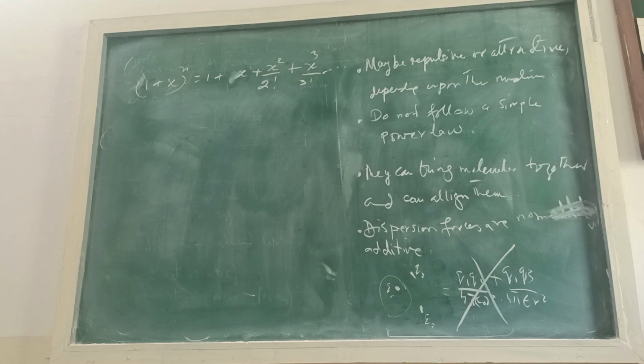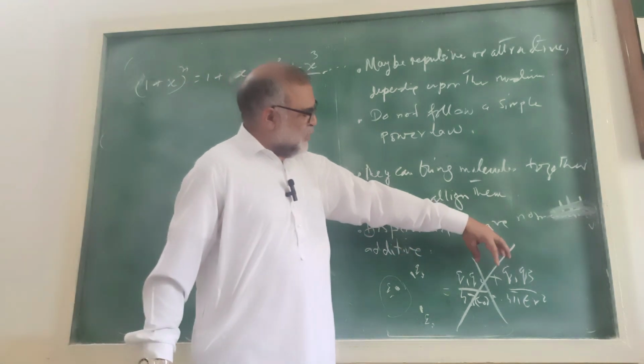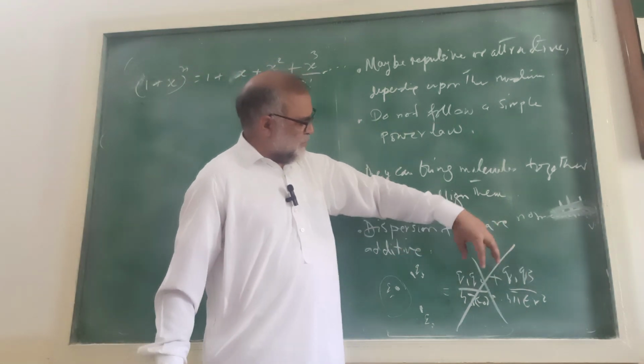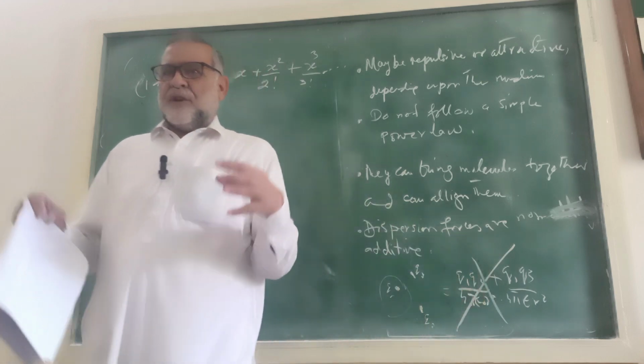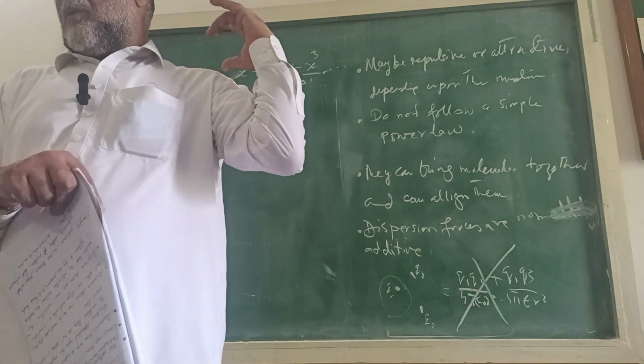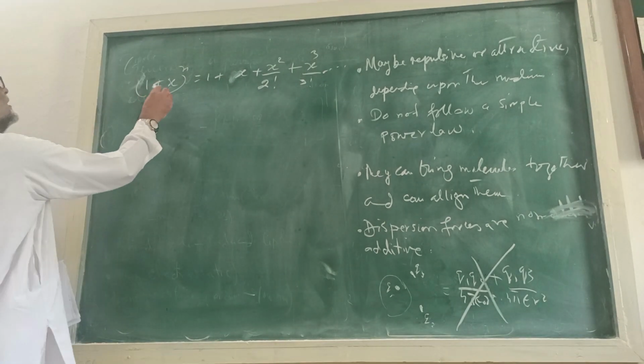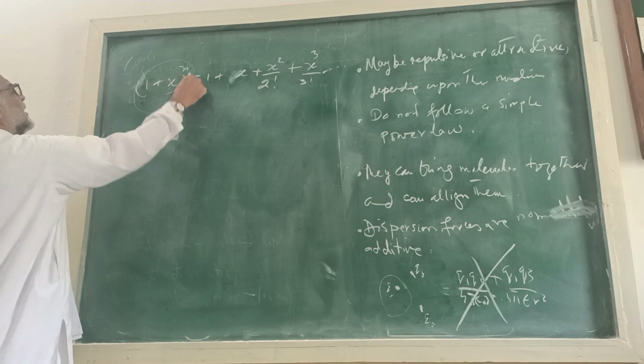This is a power law. So if there are more charges or more dipoles, you cannot bring them into a simple formula like a power law. This is like a binary situation, right?